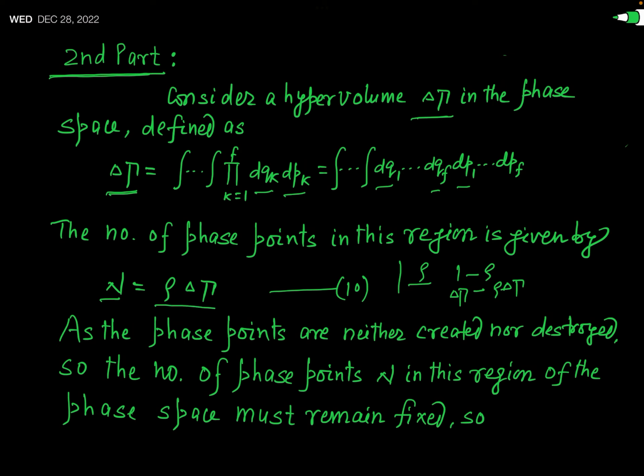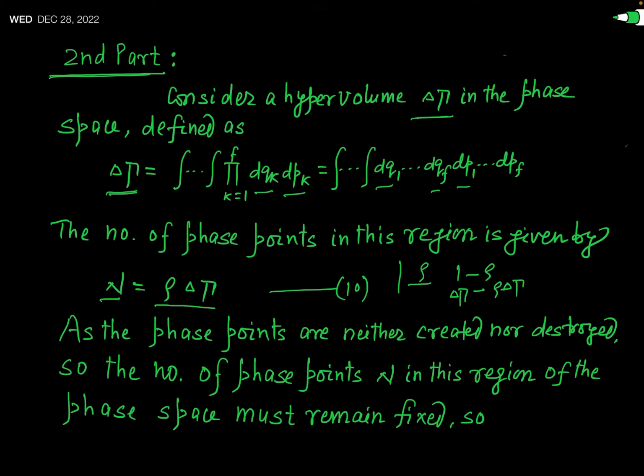Again, as you have learnt earlier, the phase points are neither created nor destroyed, so the total number of phase points in the given phase space must remain constant, must remain conserved.